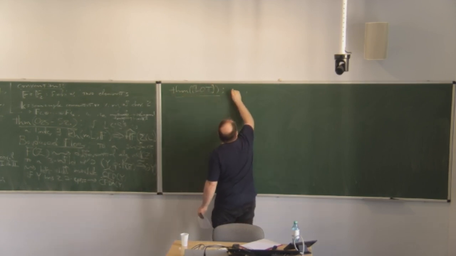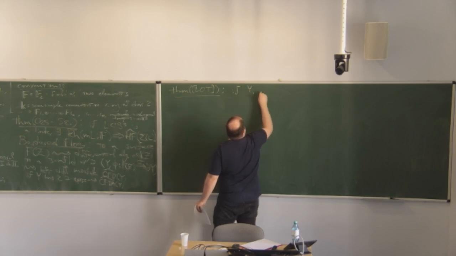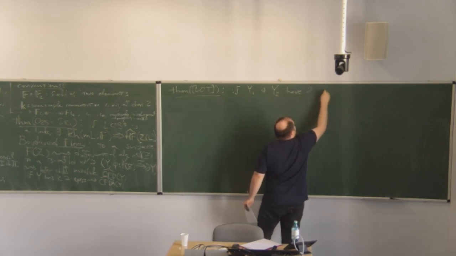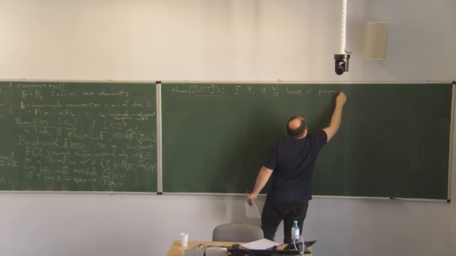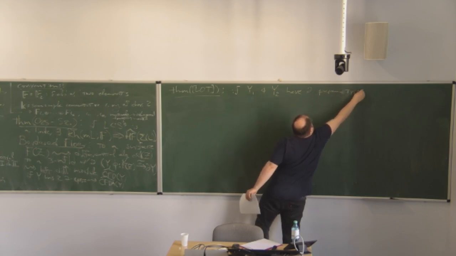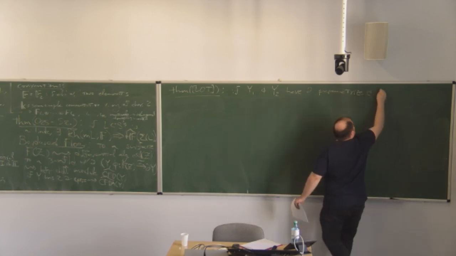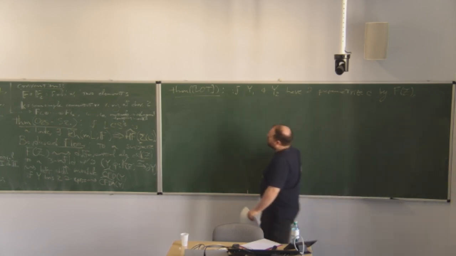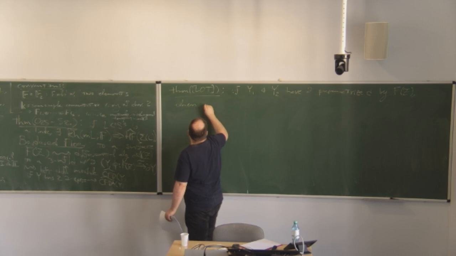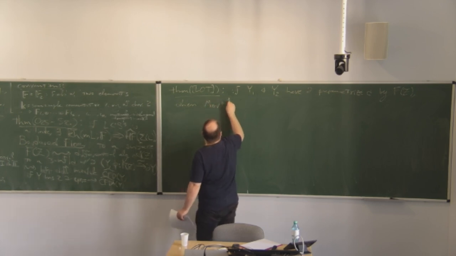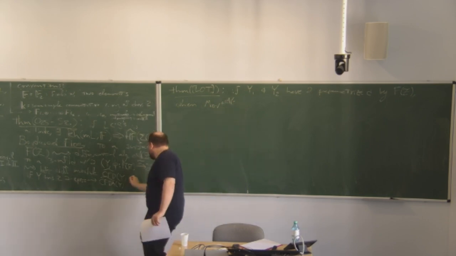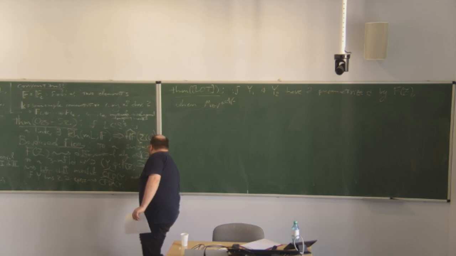It states that if Y1 and Y2 have boundary parameterized by the same surface F(Z), then the morphism complex, I should have told you that this is over A(-Z).